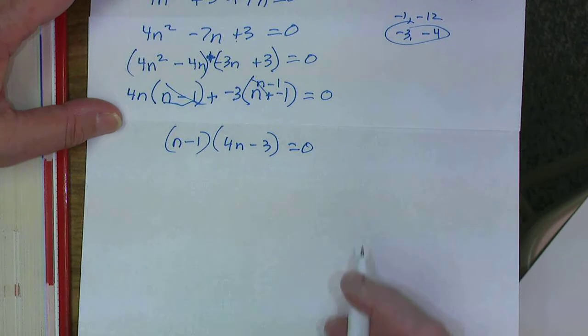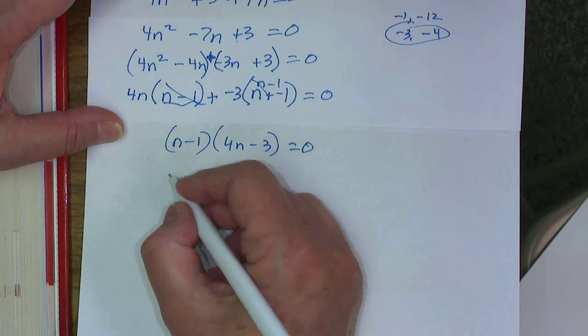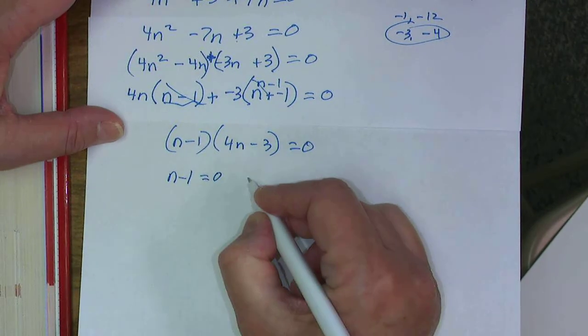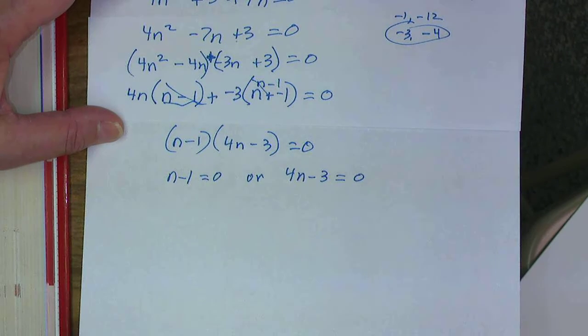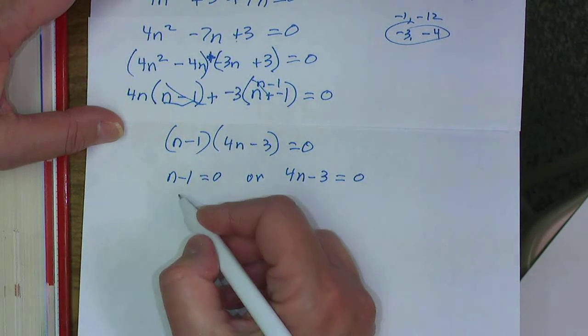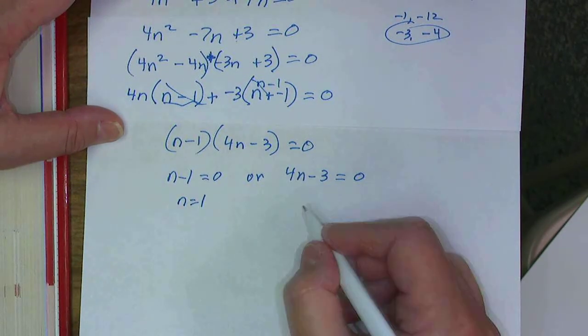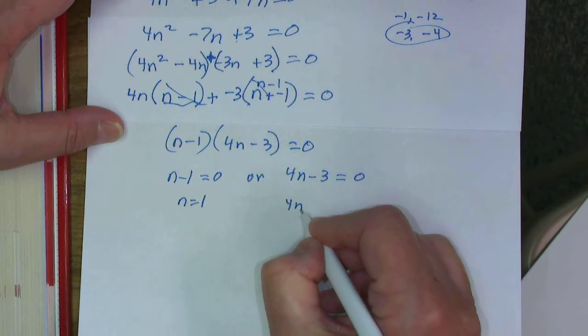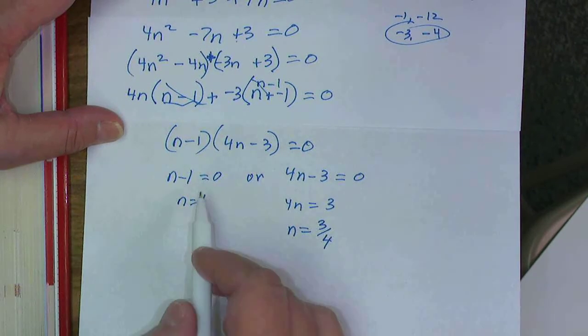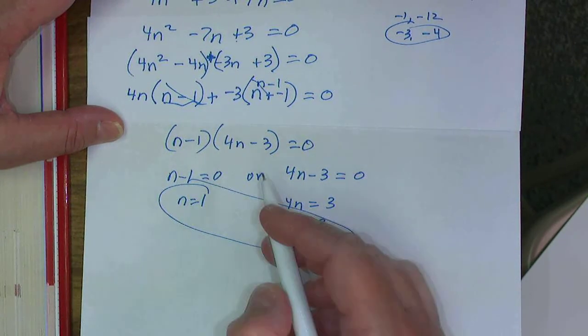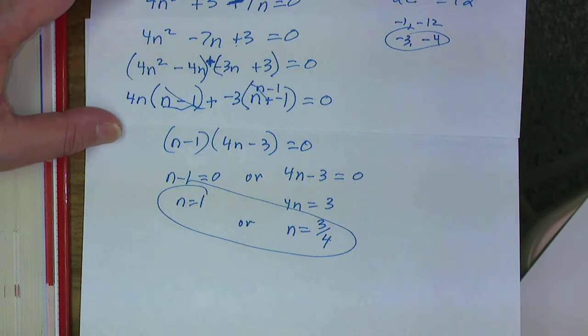Now, when you're solving, we set each part equal to 0. We add 1, we get n equals 1. We add 3, divide by 4. There are your two answers. Now, you can go back and substitute those in and check them.